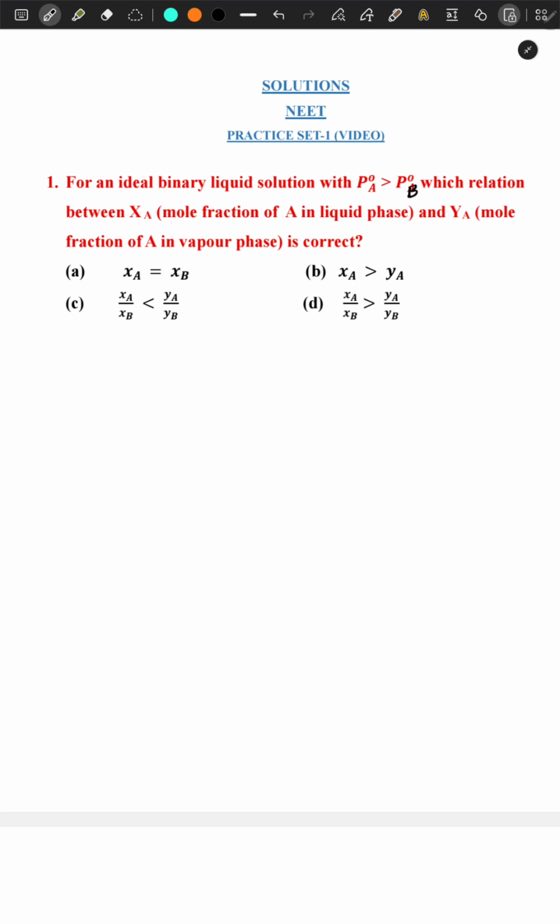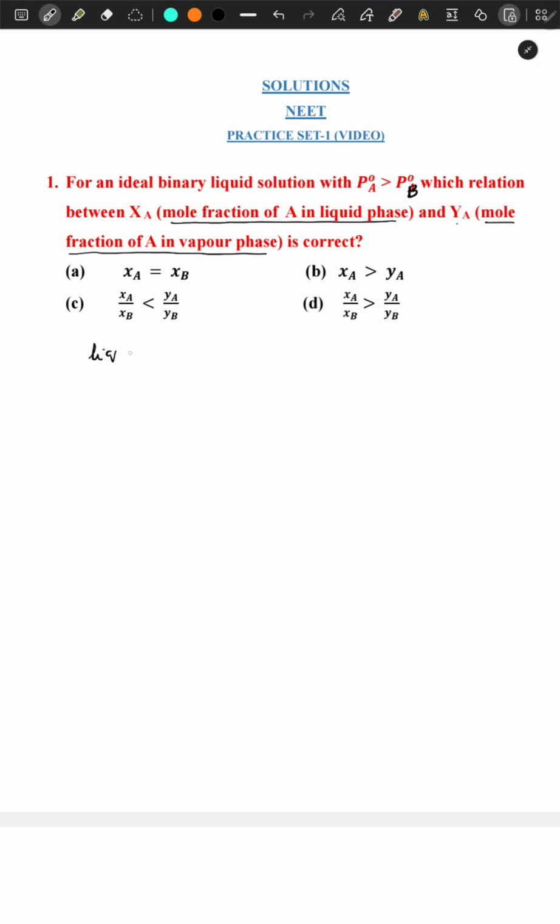chi A is the mole fraction of A in the liquid phase, and Ya means the mole fraction of A in the vapor phase. So they have given one liquid phase and another one, the vapor phase.